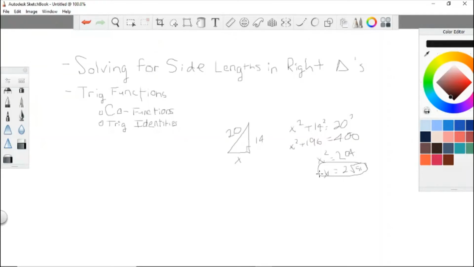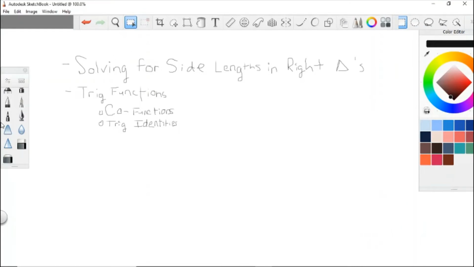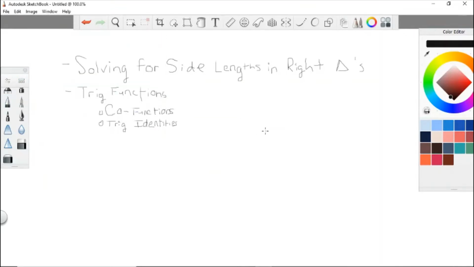And now let's go to our third example, which we will be solving for the hypotenuse. So this example will be 2, 8, and x, where x is the hypotenuse.